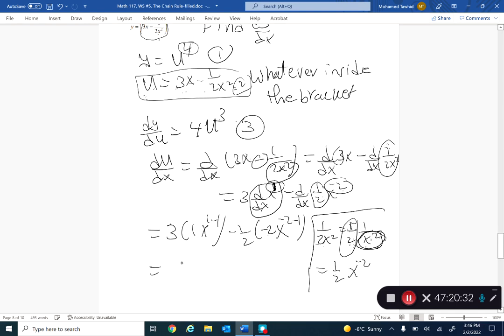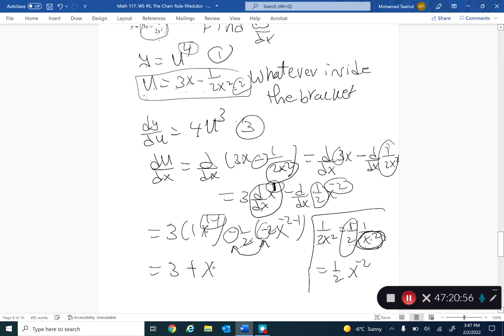So you simplify this. 1 minus 1 is 0. X to the power 0 is 1. And here, what you have to be careful about is the negative sign here and the negative sign here. When I multiply negative sign with negative sign, you get positive. And then you have 2, and the 2 here cancels with the 2 here.